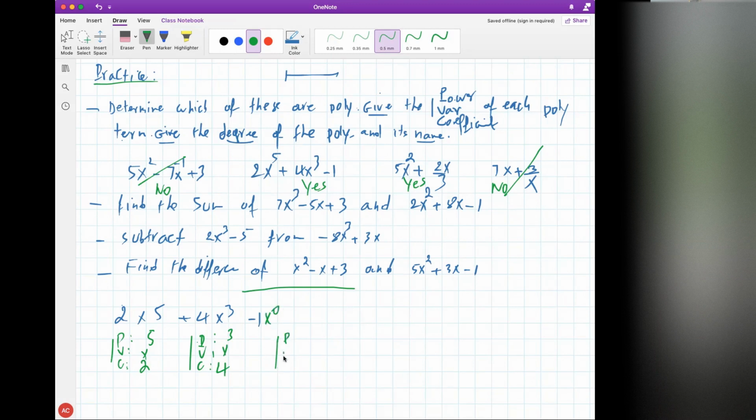What's the power of the variable and the coefficient? The power is 0. Variable is x. Coefficient is -1. That's right, -1.